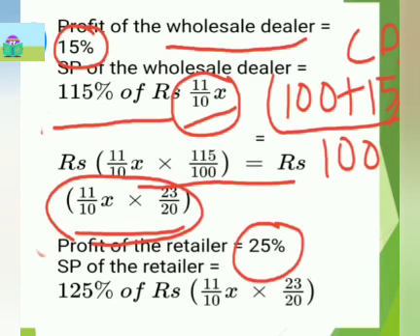Now let us calculate the selling price for the retailer. So again you will use the same formula. Selling price is equal to 100 plus the gain percent upon 100 multiplied by the CP. So when you solve, you will get 125% and the CP is 11 upon 10 X multiplied by 23 upon 20.